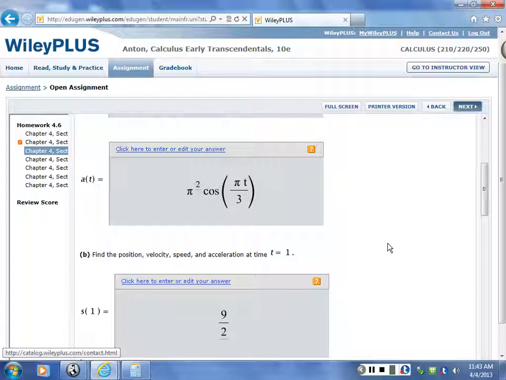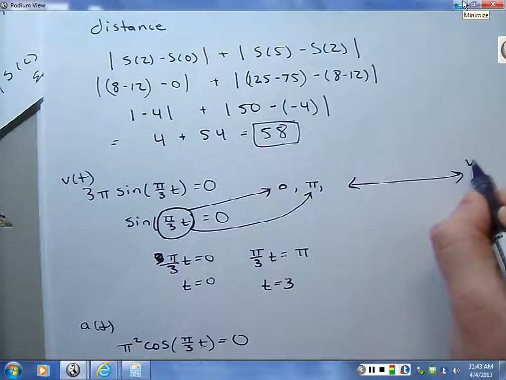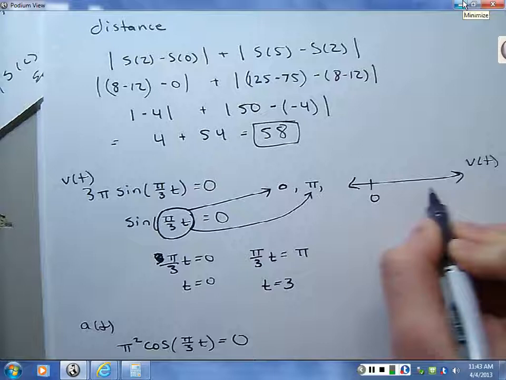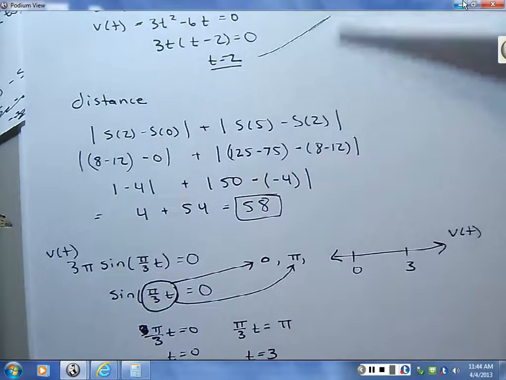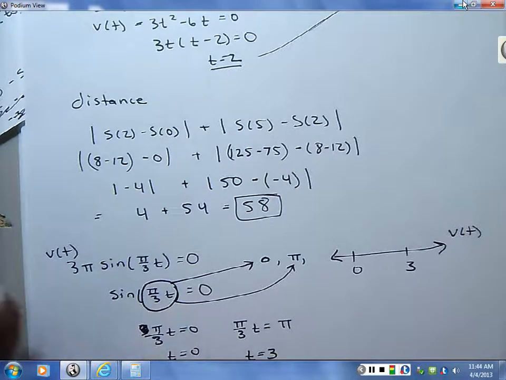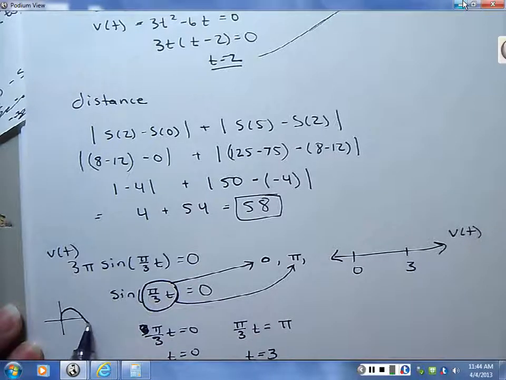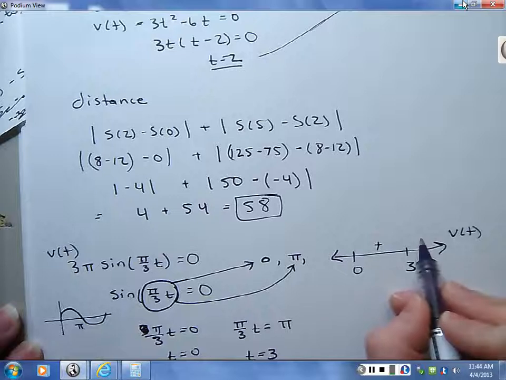I'm going to go ahead and make my number line. If I want to make my number line for velocity, I have 0 and I have 3. So remember the graph of sine? Sine looks like this, right? It's positive, so this was pi. From 0 to pi, it's positive. And then from pi to 2 pi, it's negative.